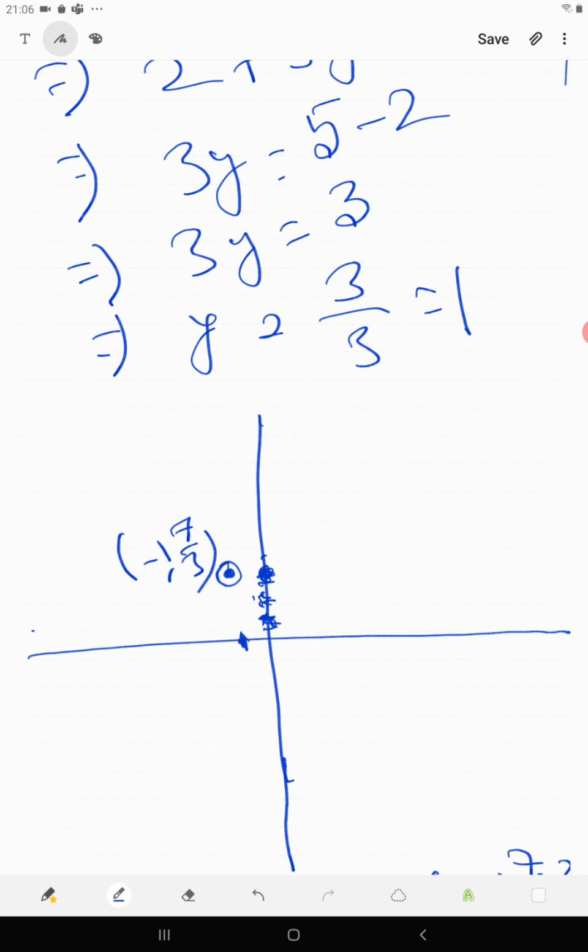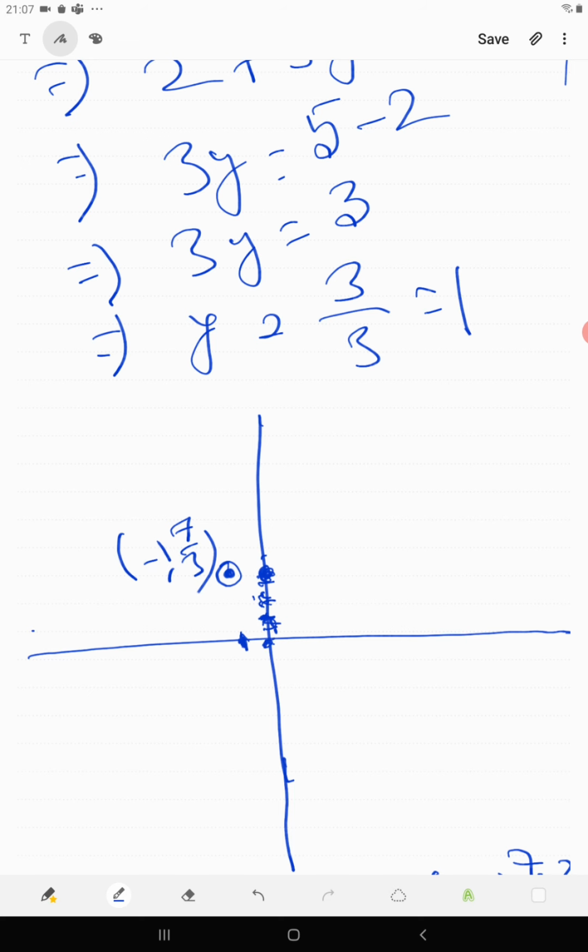Correct? Now at x equals 0, we have y as 5 by 3. So 5 by 3 means 5 smaller units.